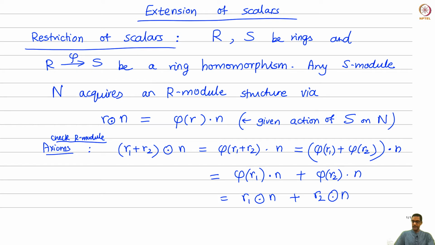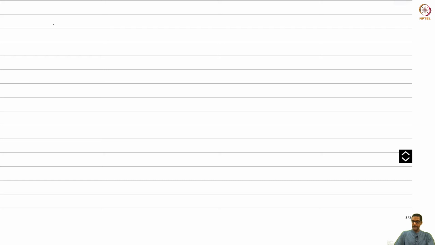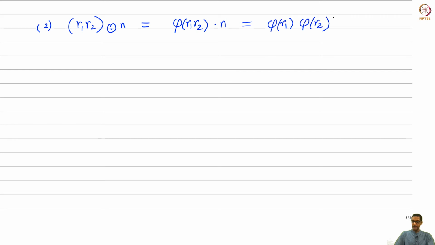Now, two things. On the right hand side it's a module over S, so those axioms are satisfied, and phi is a homomorphism of rings, so in some sense everything will carry through similarly. Property 2, for example, is r1 r2 acting on n. What's that? It's phi of r1 r2, which is the product, because phi is a homomorphism.